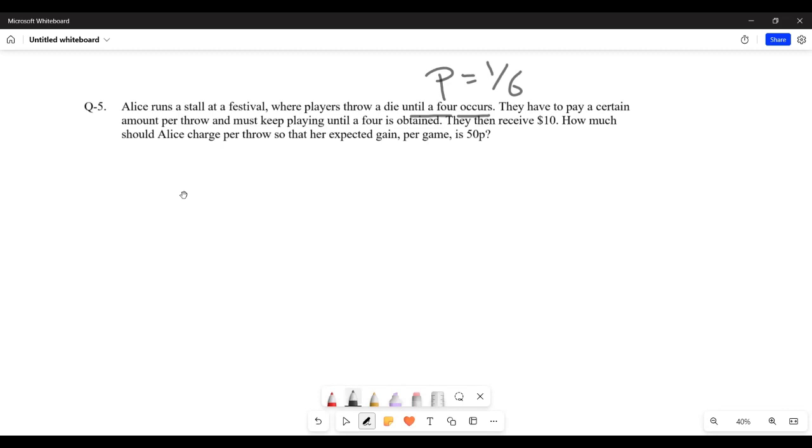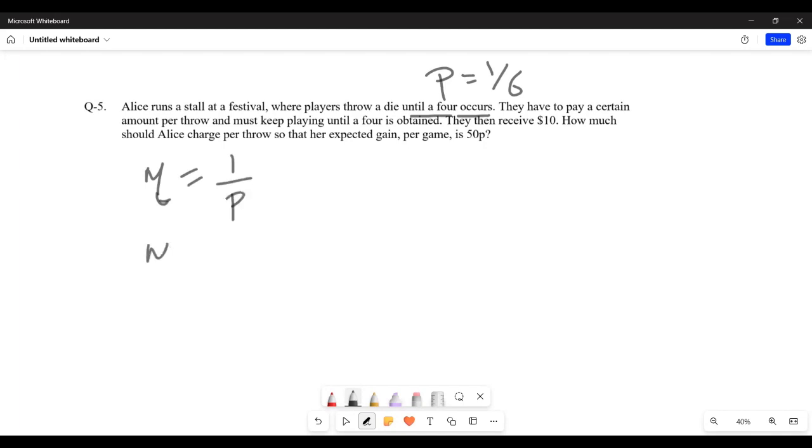So if the expected gain is 50 pence, okay, so we're probably going to use the same formula. Mu is equals to 1 upon probability of success.